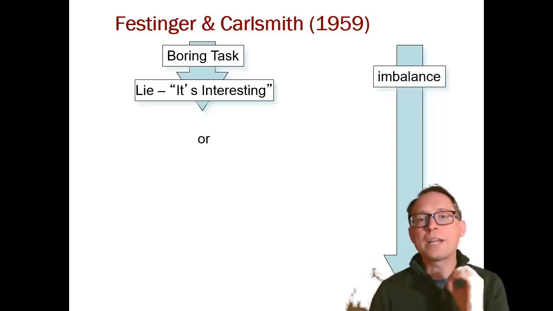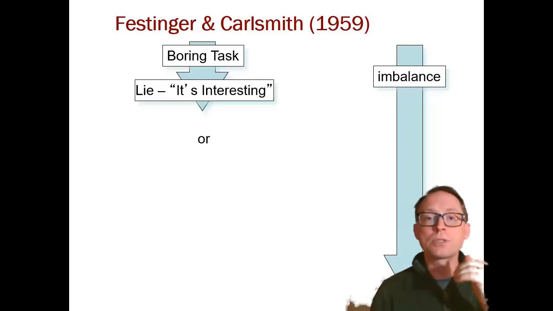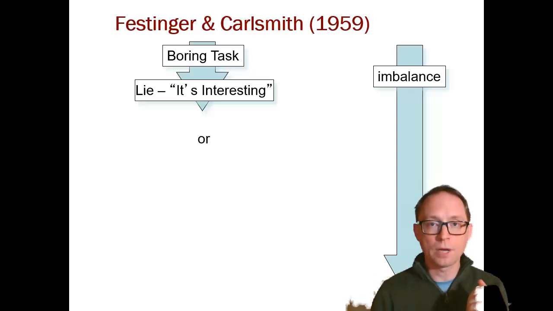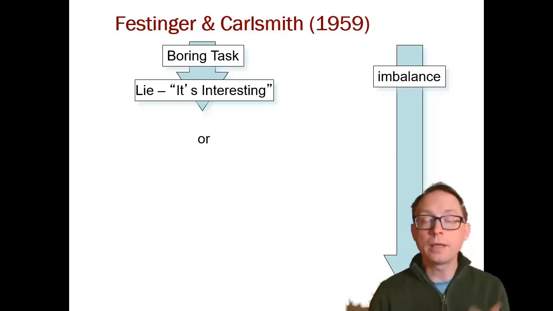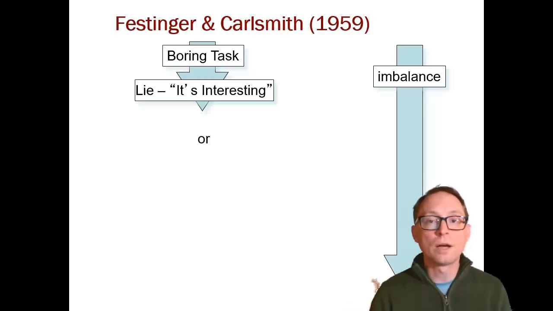A counter-attitudinal behavior is a behavior that is outside of what you really think. For example, lying is hopefully a counter-attitudinal behavior for most everybody, meaning it goes against their evaluation of the behavior of lying. That creates the dissonance.